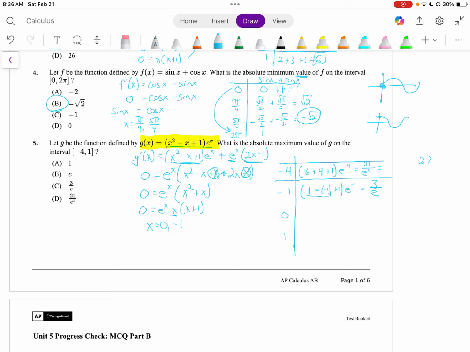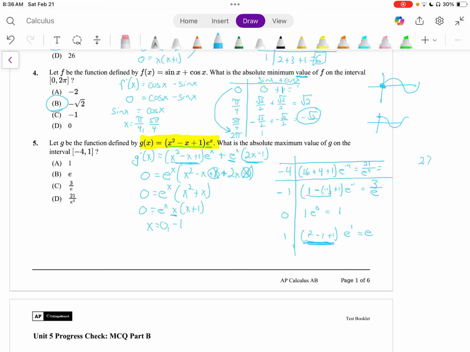Putting 0 in, 0 squared minus 0 plus 1, so this is going to be 1 times e to the 0, which is just 1. And then putting 1 in, we get 1 squared minus 1 plus 1 times e to the 1st. This is 1, so 1 times e to the 1, so e to the 1st.